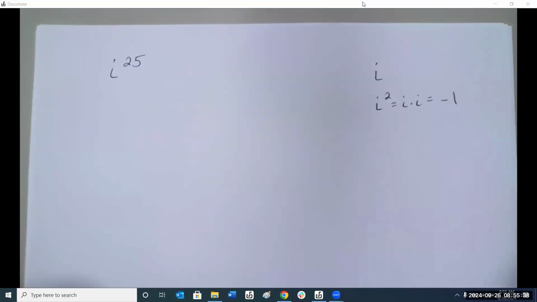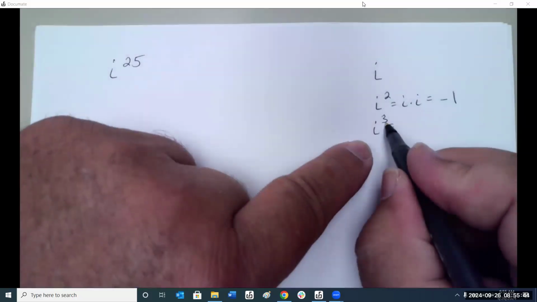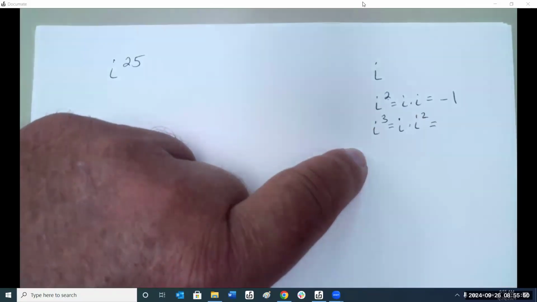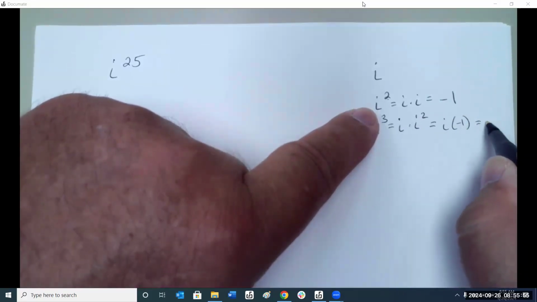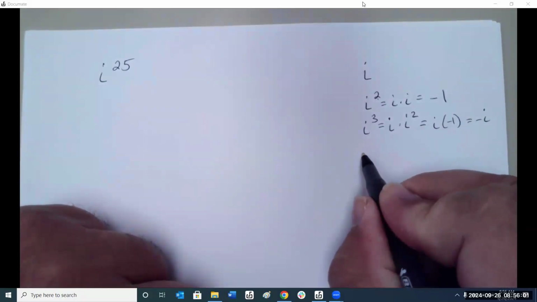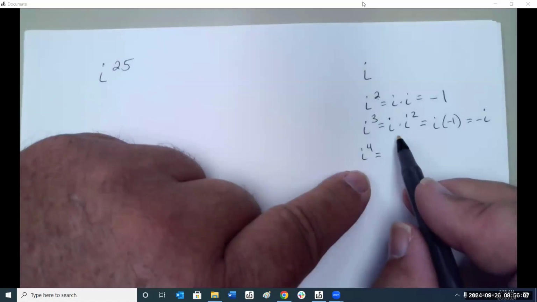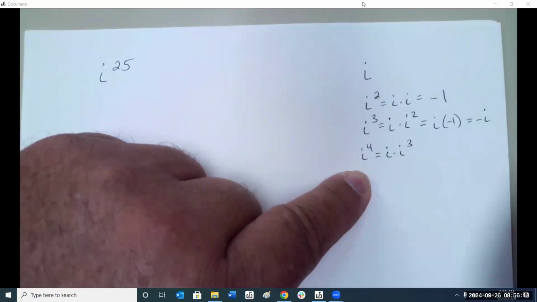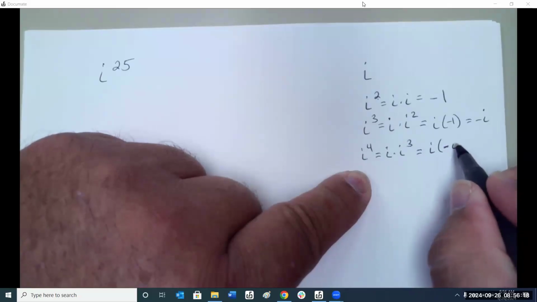Because we're always going to build on the previous one, i cubed is i times i squared. i squared is -1, so it's negative i. i to the fourth is i times i cubed. i cubed is negative i.